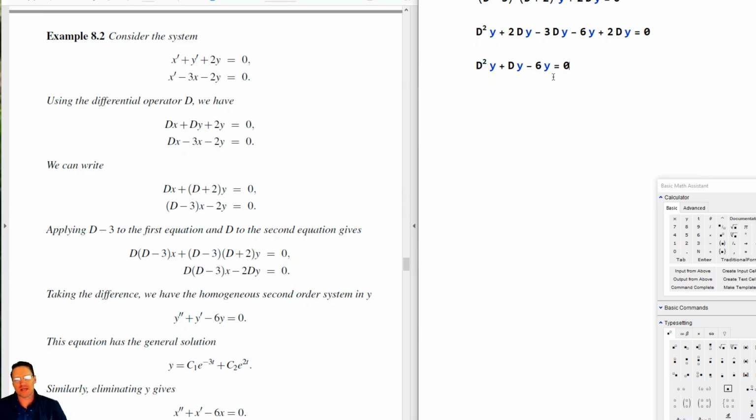Now let's replace the D²'s and the D by dashes. That says y'' + y' - 6y = 0.